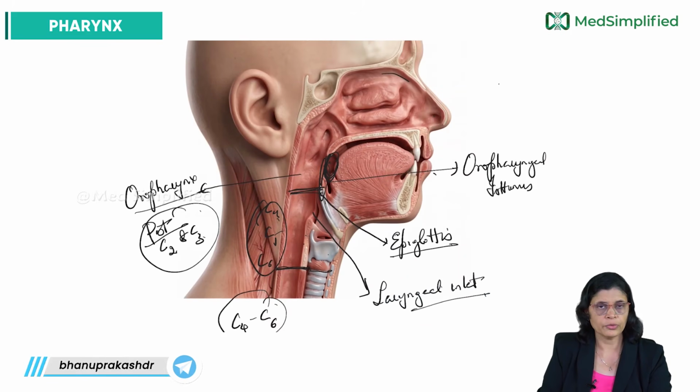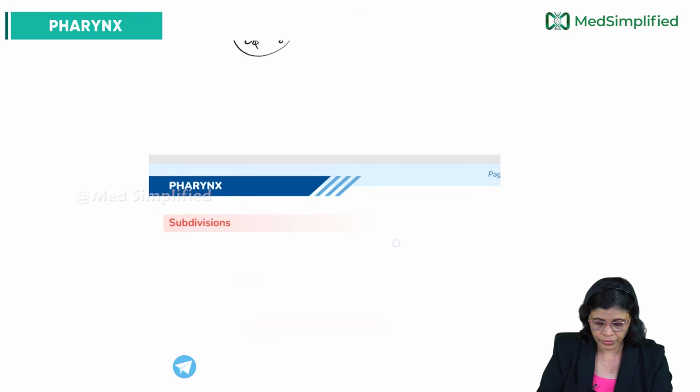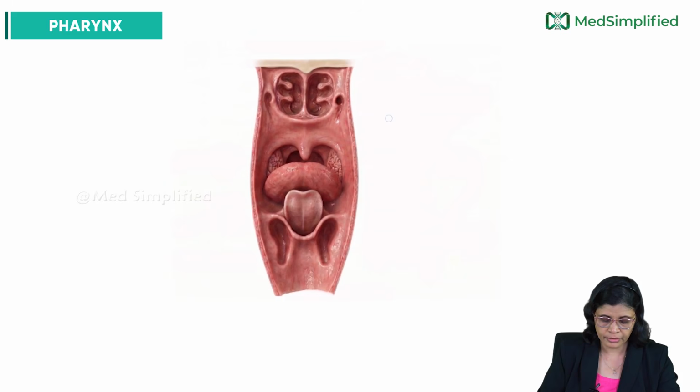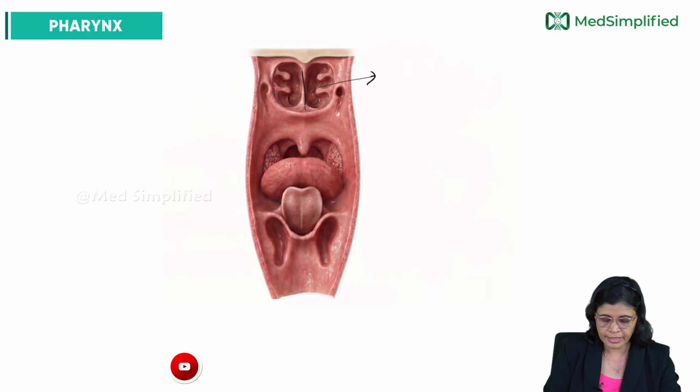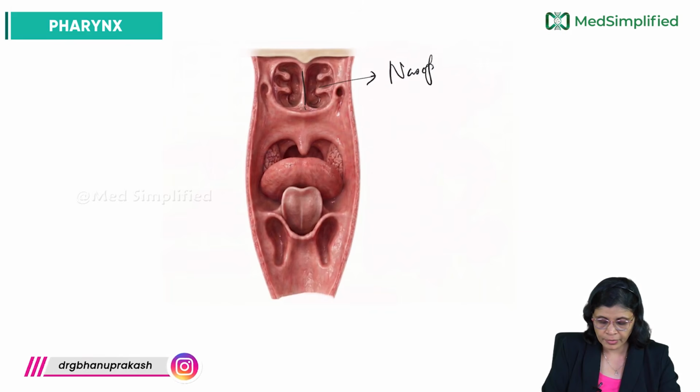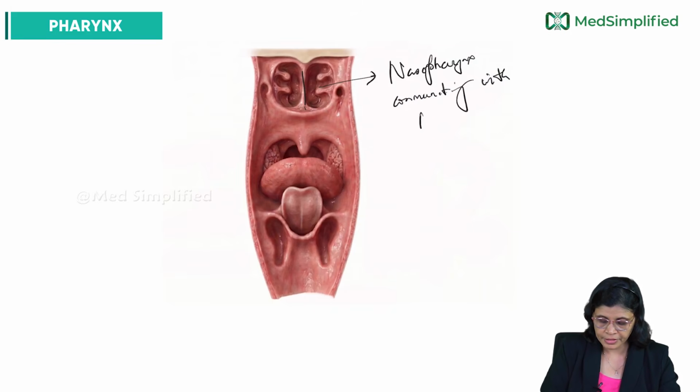Those are the boundaries of the oropharynx and the laryngopharynx. Now let's look at the boundaries of the nasopharynx. This is a coronal section. These are the posterior nasal choanae, and we can see the posterior nasal septum. Through this region the nasopharynx communicates with the nasal cavity.